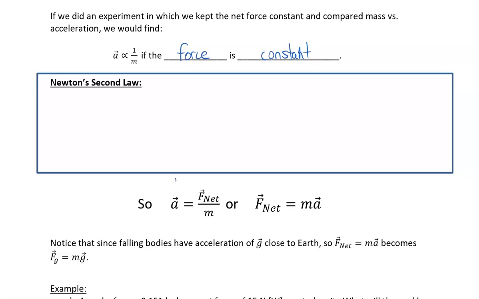So one way to write that would be to say a is proportional to 1 over the mass, and the proportionality constant, in other words, the value that makes it go from a proportionality to an equal sign, is F net, subbing F net in here.